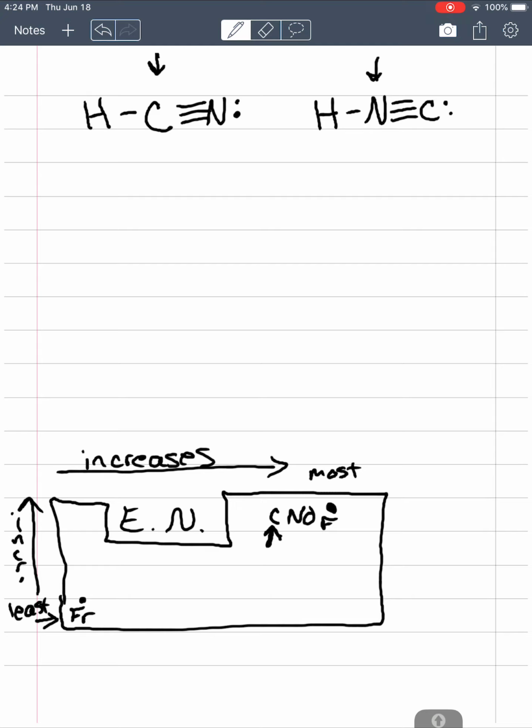All right, so we're going to start by counting up the valence electrons. Then we're going to look at how many lone pairs something has. And then we're going to look at how many bonds it has. And I want you to look at this right here. So that has 3 bonds.